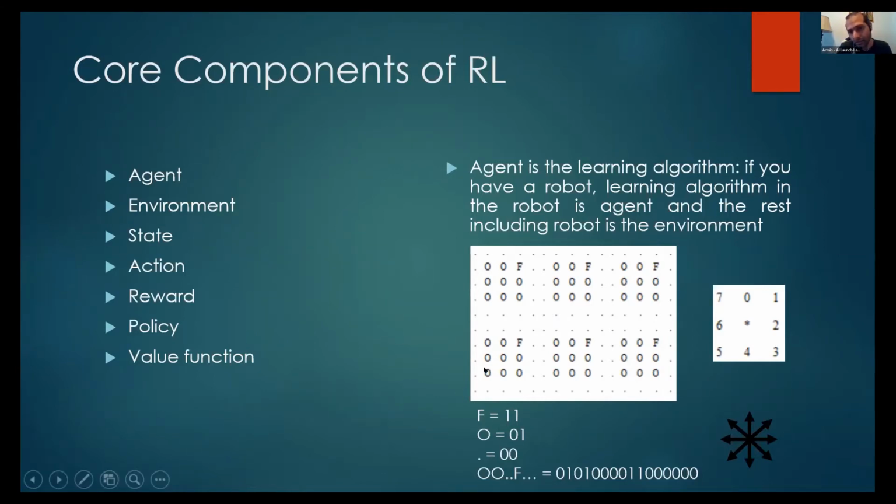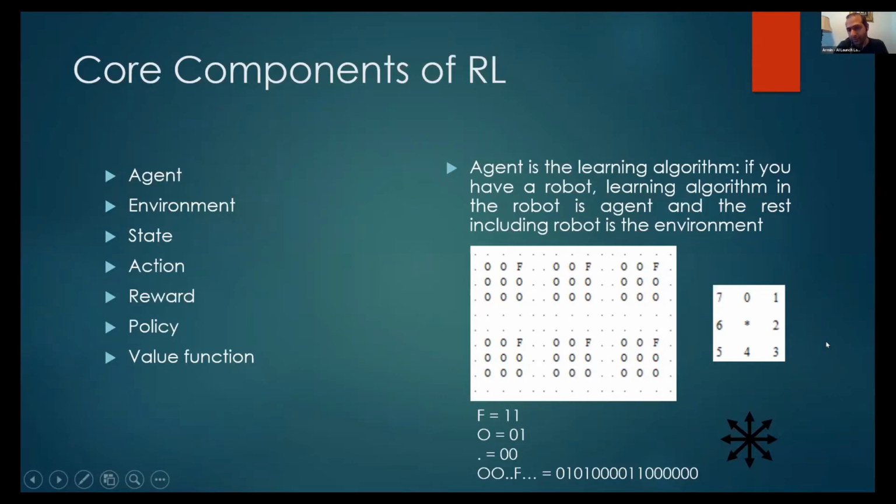Here is a simple environment. An agent can be placed in any of these positions. The O is an obstacle, F is food, and this star is an agent, which can be placed anywhere. And these numbers 0, 1, 2, 3, 4, 5, 6, 7 are what the agent sees.